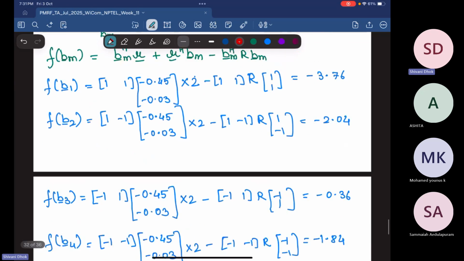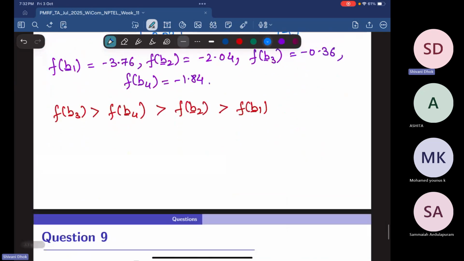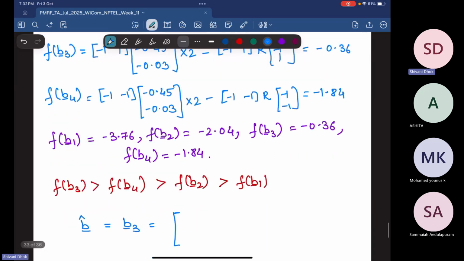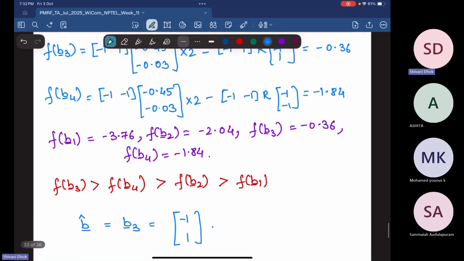So if you want to find the argmax of all of these values, the argmax is given by b3. So your b hat is equal to your b3, and your b3 is -1. So this is how your ML rule works. Is this clear? Any questions till this point?